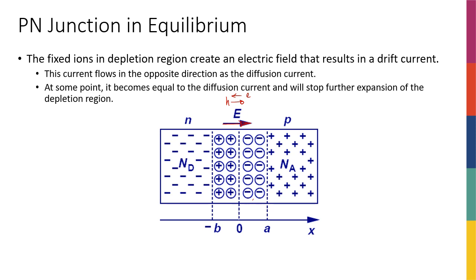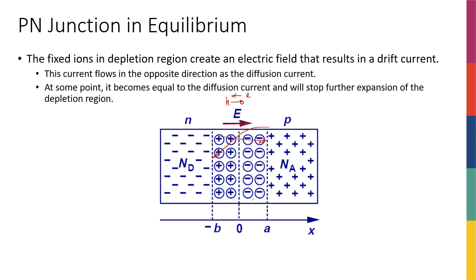And remember, the current or the movement of charges due to the force of an electric field, we know the name of it, right? We learned about it. It's called a drift current. So you can think about it that the holes want to move from right to left, but then the same amount of holes are moved by the electric field from left to right.